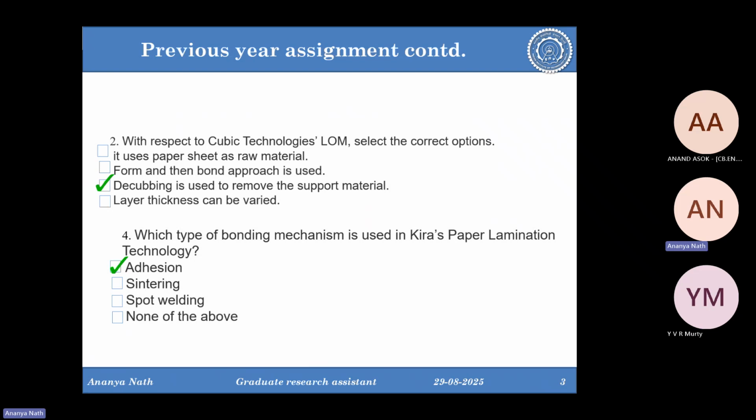Layer thickness can be varied, not true. So it uses paper sheet as raw material is also true. So these two options are true. If it's a multiple answer type, then it's fine. If it's not, then you can tick any one of these two. Options 1 and 3.